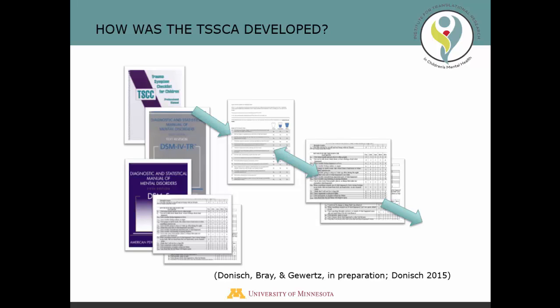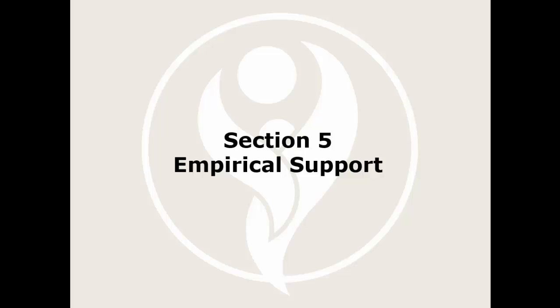The research team developing the TSSCA used item response modeling to create a 15-item questionnaire with questions representing symptoms of traumatic stress. Items were selected to map directly onto DSM-4 and DSM-5 intrusion, avoidance, and arousal criteria. The questionnaire was then administered to a sample of individuals described in the next slides to test for sensitivity and specificity.